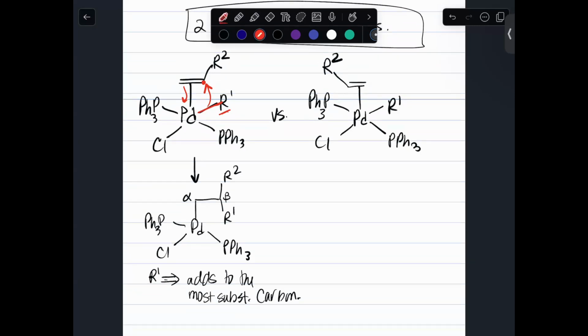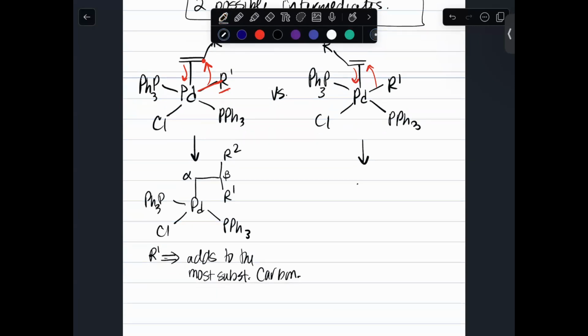Now we can do the mechanism to the other possibility where the R1 adds to the least substituted carbon. And it's the most substituted carbon that forms a bond with palladium.